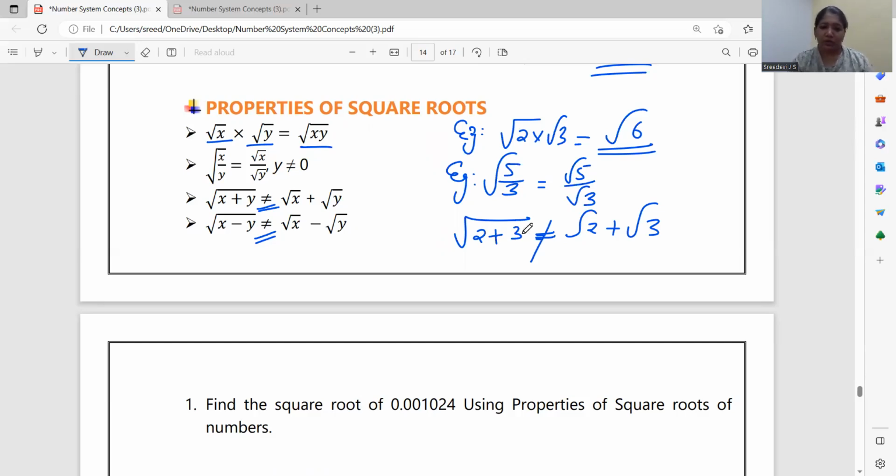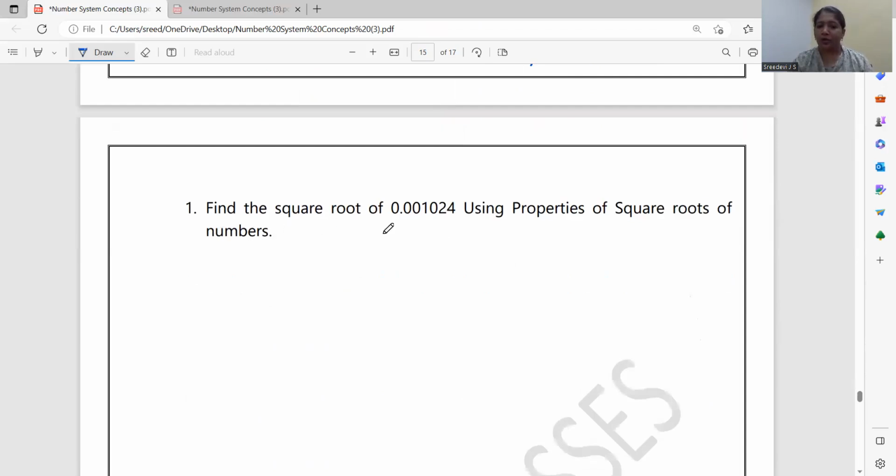Okay. So next we say find the square root of 0.001024 using properties of square roots of numbers. See, it's a decimal number which is a perfect square and we are asked to find it using the property. So how we will do is, first of all, whatever number in decimal we are given, we will write it in fraction form.